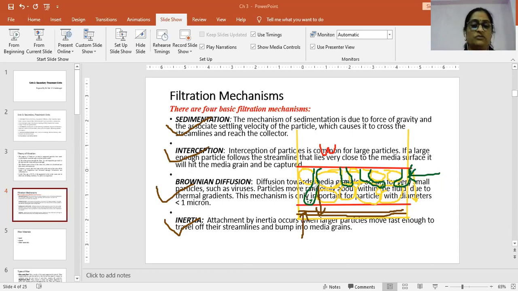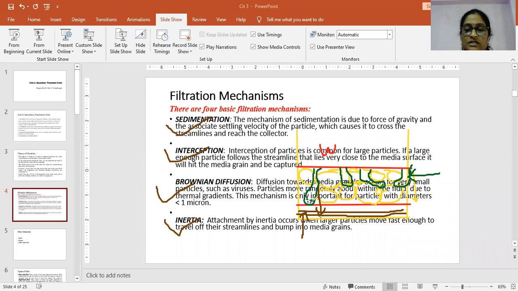So the first mechanism is sedimentation. How sedimentation is performed in the filtration tank, I showed you. Because we have used sand particles, which are usually spherical, there will be void space between two particles, and that void space is converted into tube-like structures at multiple places as shown in the figure.